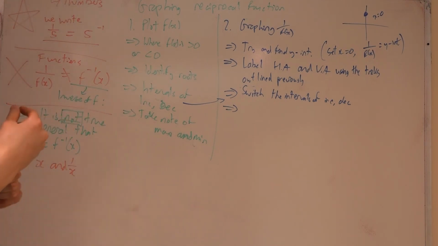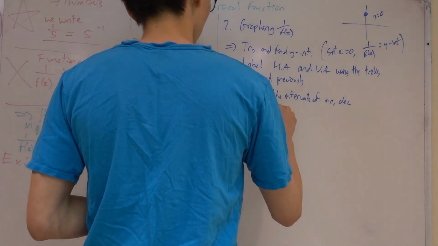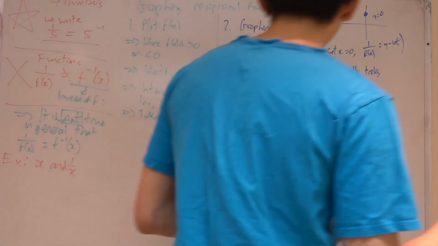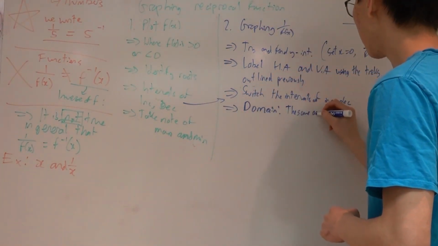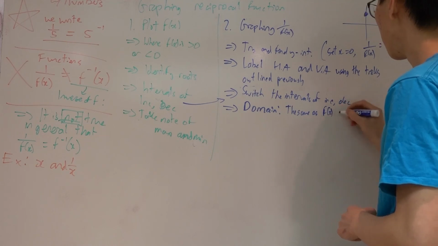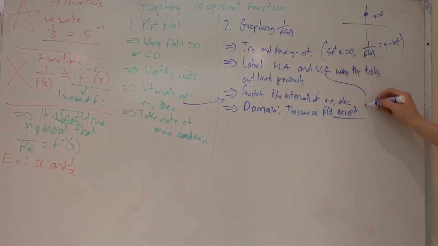Okay, this one is going to be a little tricky. Okay, I'm going to say that you're going to most of the time ignore the range. The really important thing though is to figure out the domain. So the domain is the same as the domain of f of x, except, and this is the big exception, and that comes from here, right?